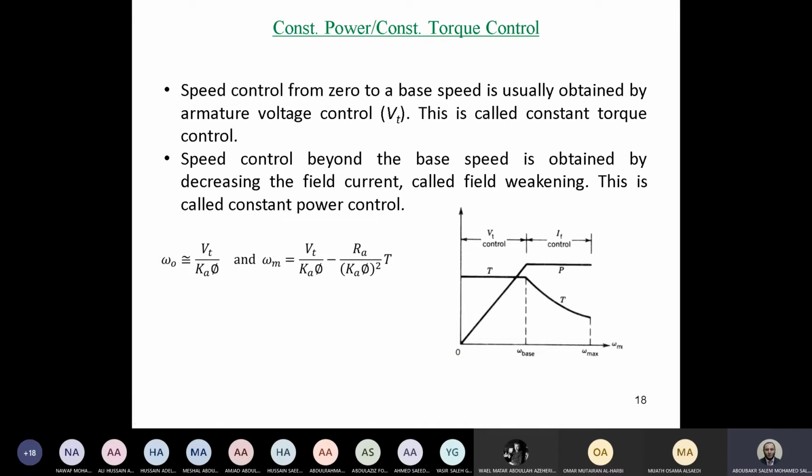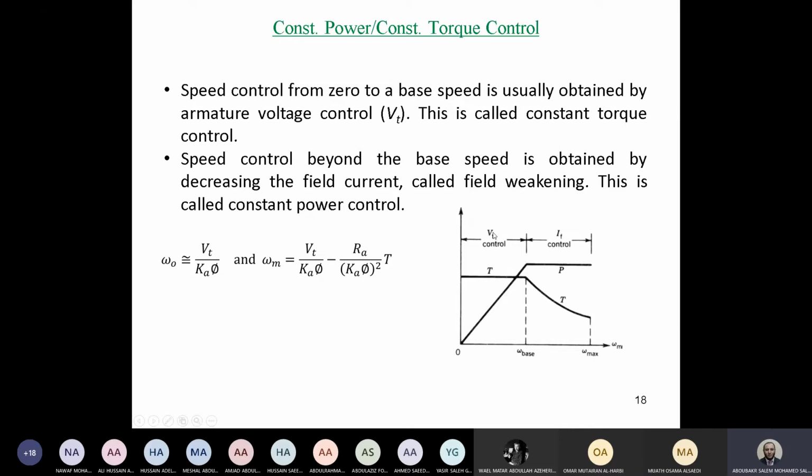So in general, we said in voltage control, we cannot increase the voltage over rated. And also for the field control, it's not preferred to decrease the field where the load torque is constant, because it may overload the machine at the field weakening part. So the best way to control the DC motors is to control the machine under the rated speed, where the torque will be constant and voltage can be used as controller.